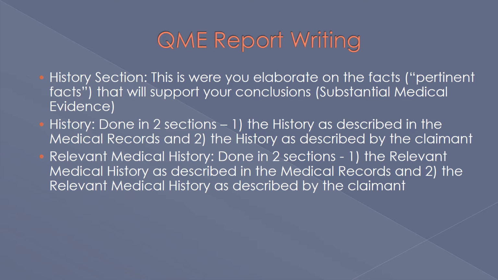And this gives you 2 perspectives, and it allows you to shore up any inconsistencies that you may find either in the medical records or either in the testimony of the examinee. And I elaborated on that at great length earlier in the program, but let's just review how that would look in the context of your Qme report.